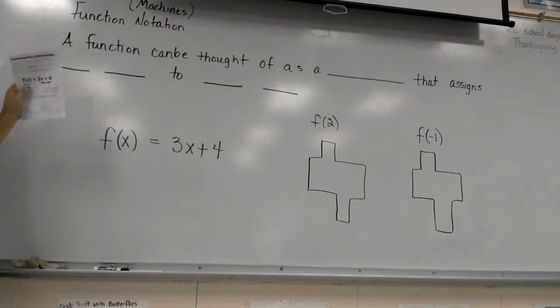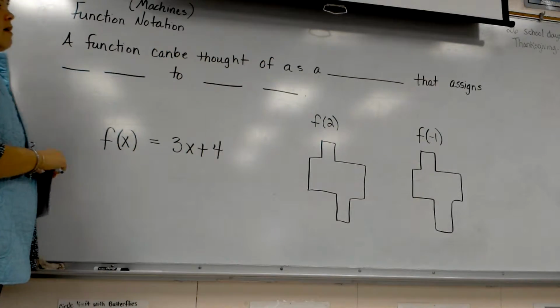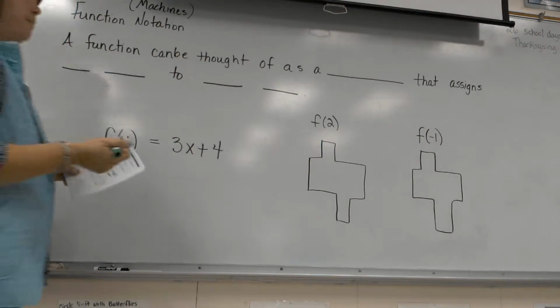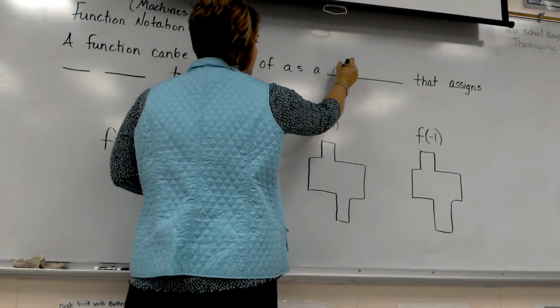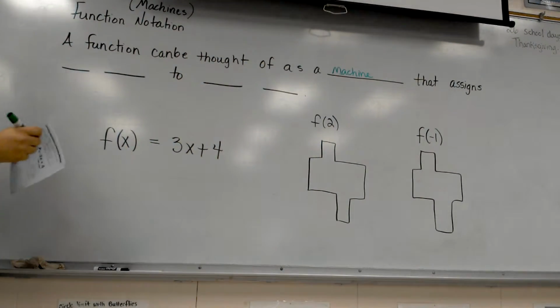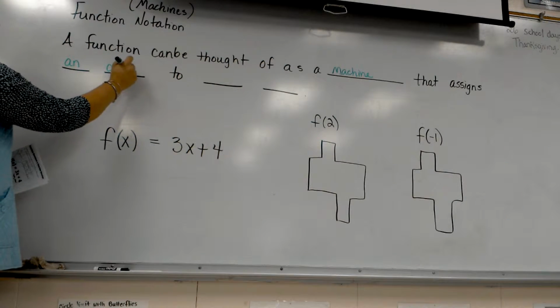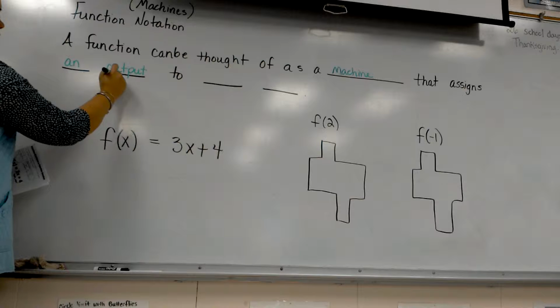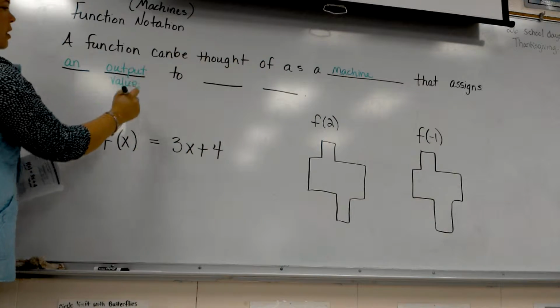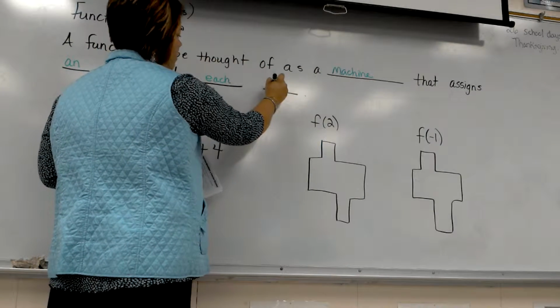On the front of your foldable, it says a function can be thought of, put a little space right there, thought of as a machine, okay? So it can be thought of as a machine that assigns an output value to each input value.